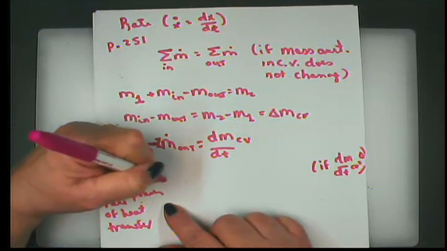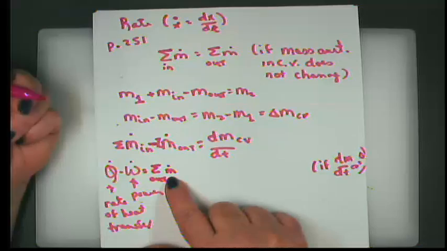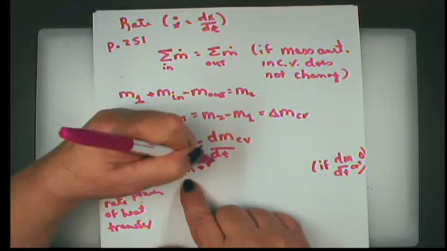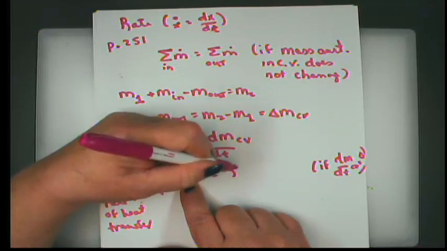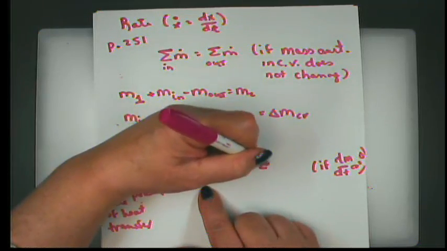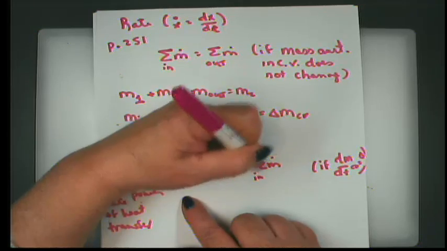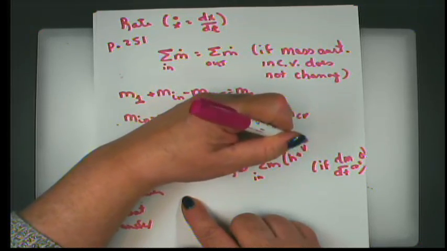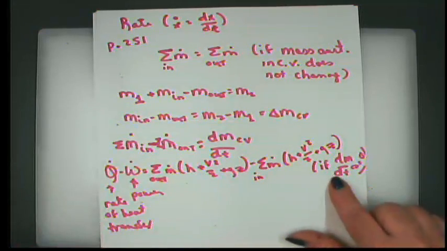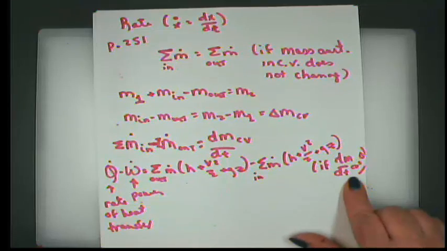So we have the summation on the outlets of the individual mass flow rates times h plus v squared over 2 plus gz of each of those outlet streams, minus the summation on the inlet of the same energy variables. Okay? And that is true if dmcv/dt is equal to 0.